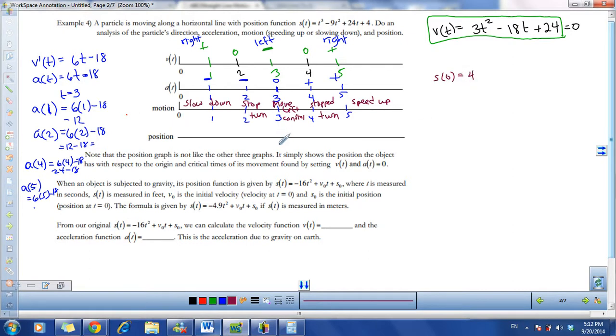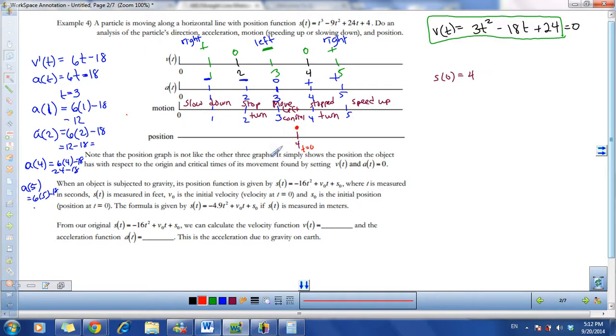So at time t equals 0, I was at 4. I'm going to put 4 about here, and this was at time equals 0.